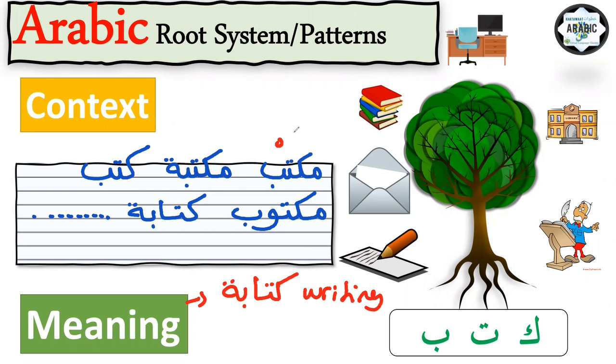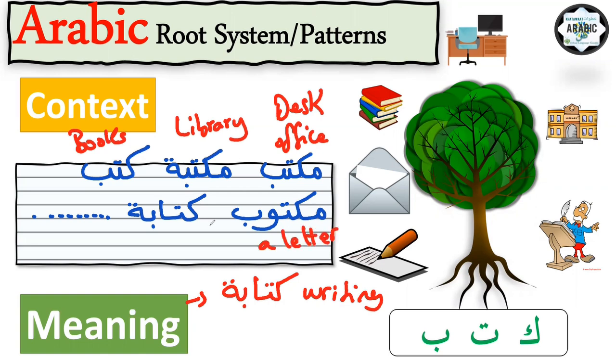Maktab, office or desk; maktaba, library; and then kutub, books. Then we have maktub, a letter, and then kitaba, which is the noun of the verb kataba. And here I will add the verb kataba, to write.